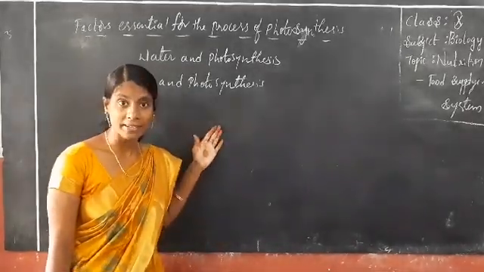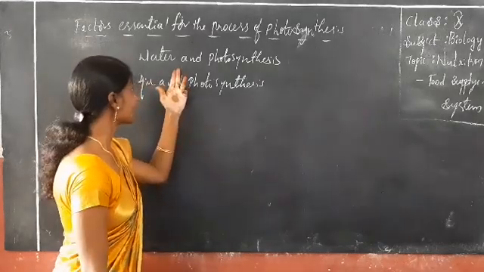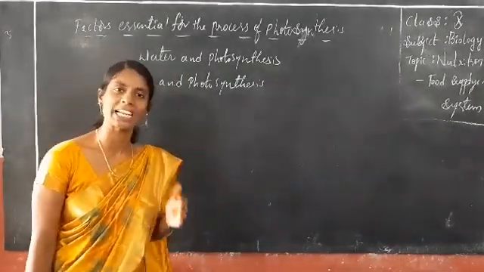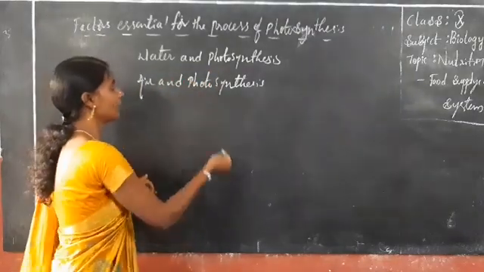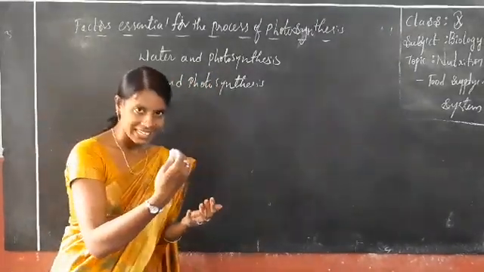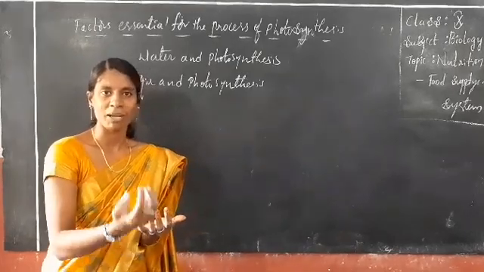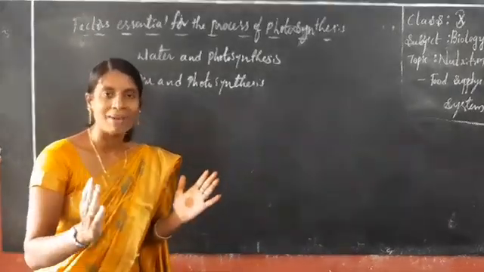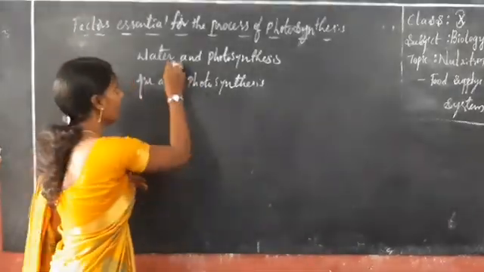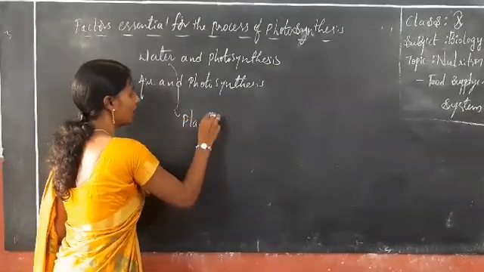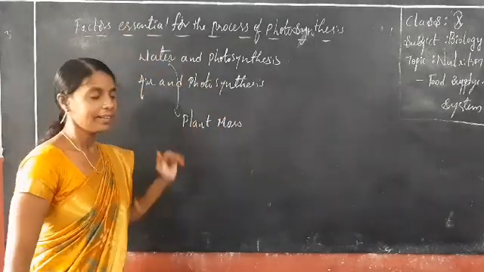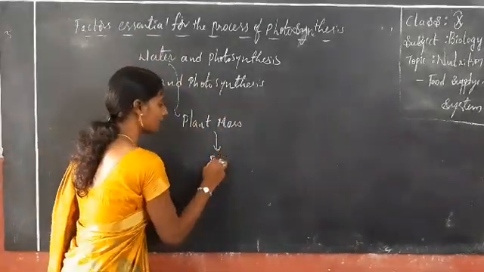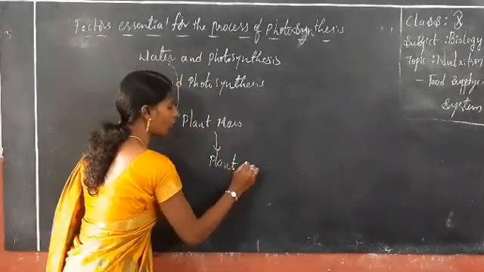He is a famous scientist who conducted many experiments showing water is essential for photosynthesis. When water is taken by plants, only then will the plant mass increase. So plant mass increases by taking water, and then only the plant can grow properly.